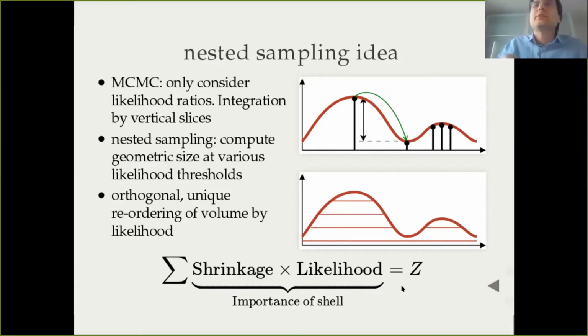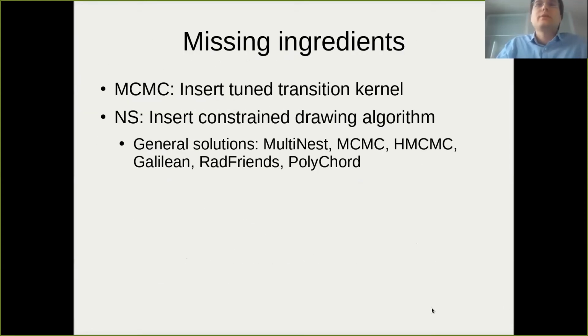And that gives you the estimate of this evidence. And at the same time, if you give each of those points a weight based on this, you also are sampling the posterior distribution. So it gives you everything MCMC gives you. It gives you a posterior chain, and it gives you the evidence integral. So you can do parameter estimation and you can do model comparison with this particular algorithm.